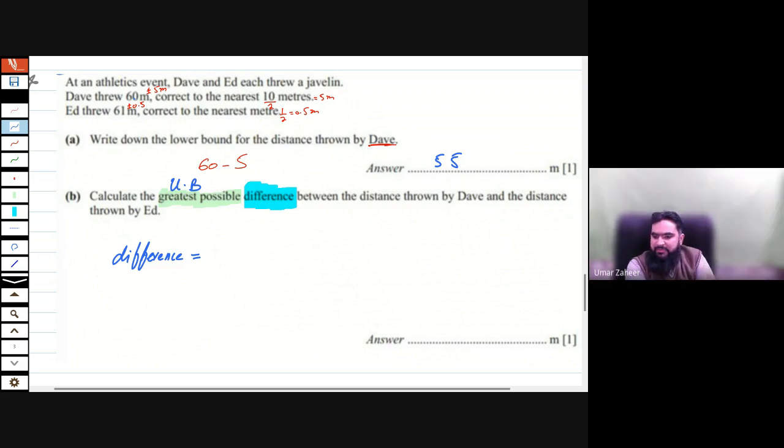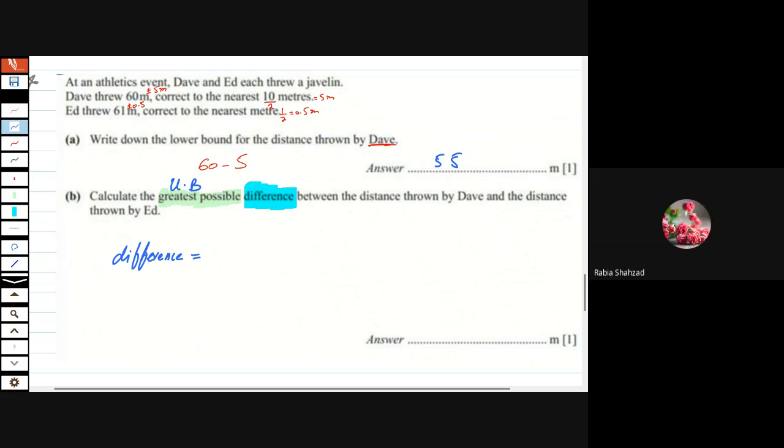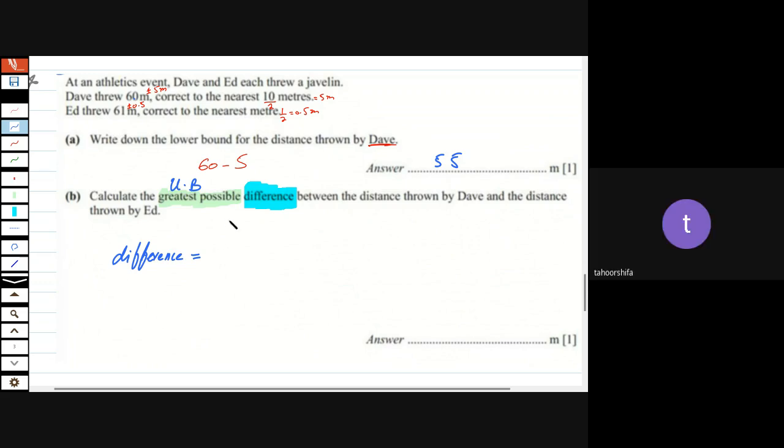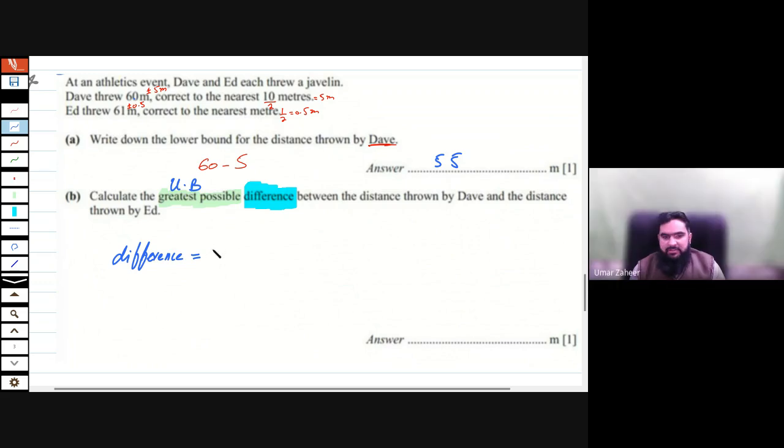Can you tell me which value we have to take? Bigger, 60 or Eddie? Sir, Ed. In this one, you would otherwise get a negative value.